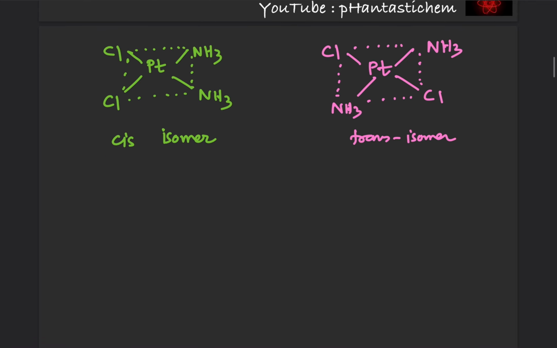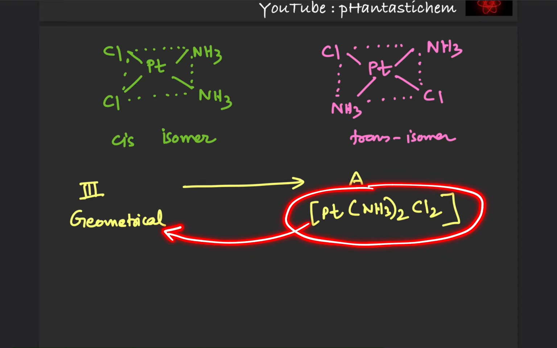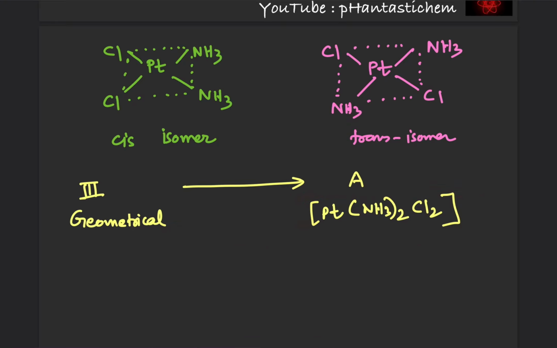So therefore third, that is geometrical isomerism, is matched to A. The complex is Pt(NH3)2Cl2, or we can say that this particular complex shows geometrical isomerism.